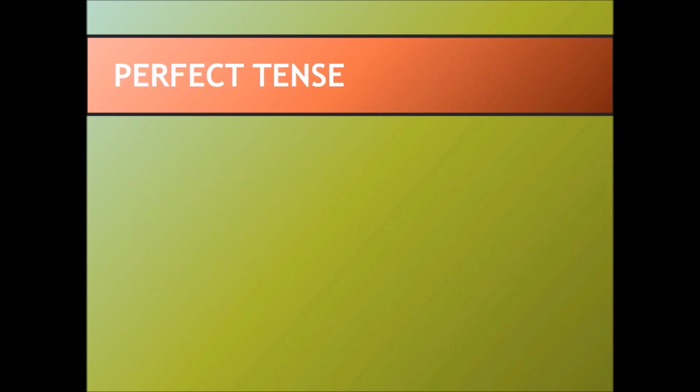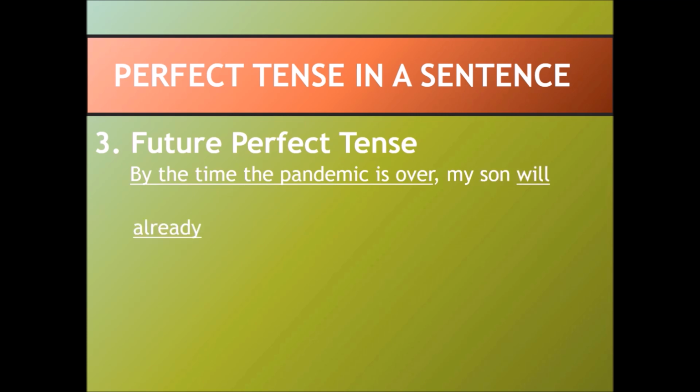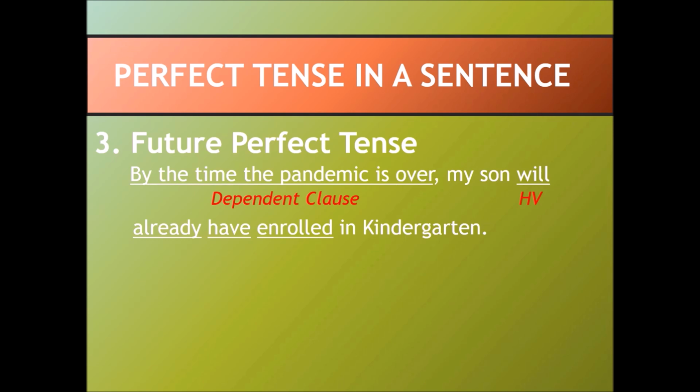Now we have the third perfect tense, the future perfect tense. Example, by the time the pandemic is over, my son will already have enrolled in kindergarten, where by the time the pandemic is over is a dependent clause. The clause my son will already have enrolled in kindergarten is another clause, and already is an adverb.